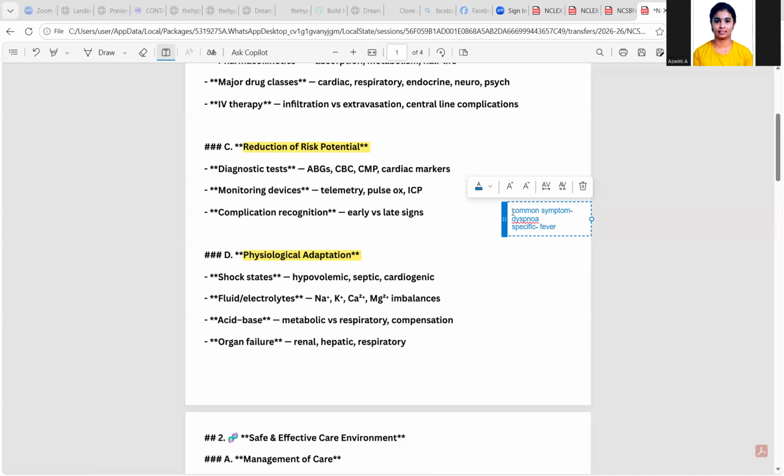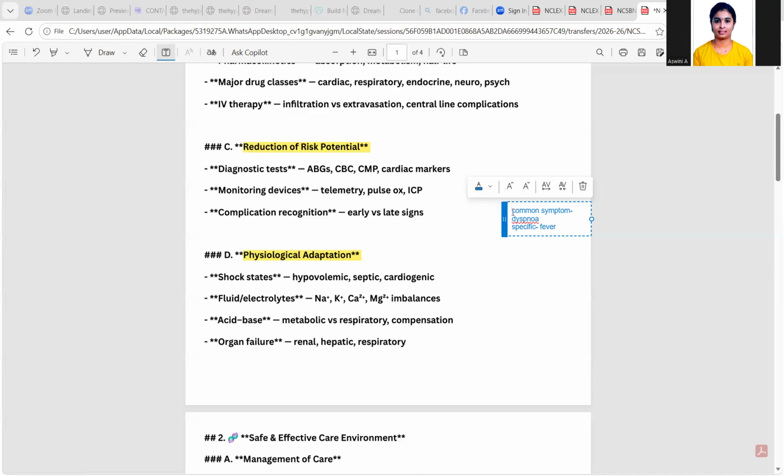So we need to identify this when we read disease conditions. First, we need to know the basic anatomy and physiology. Second, we need to know the physiological changes happening in the body when a person is affected by a particular disease, the pathophysiological changes, and related to them, the signs and symptoms manifested by the client.